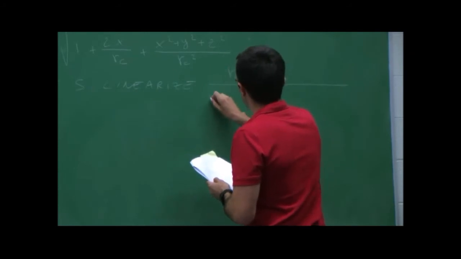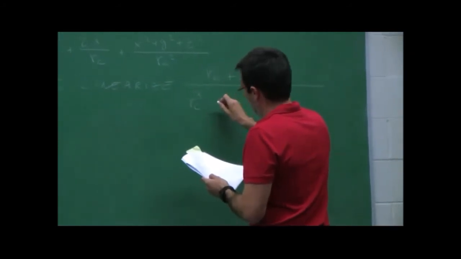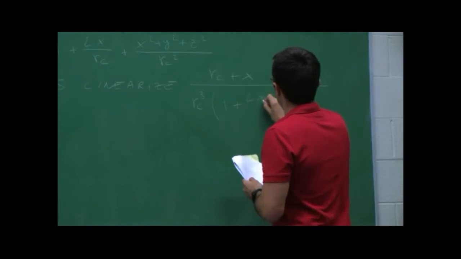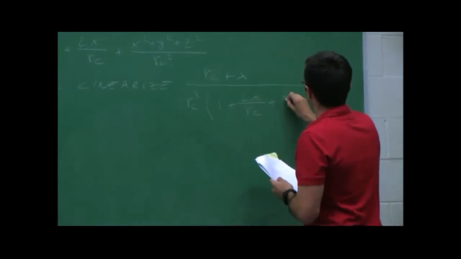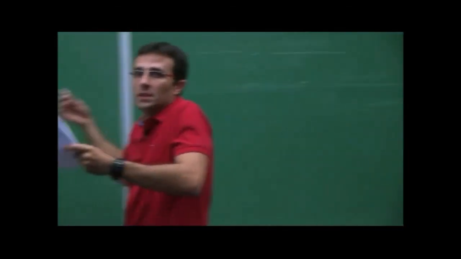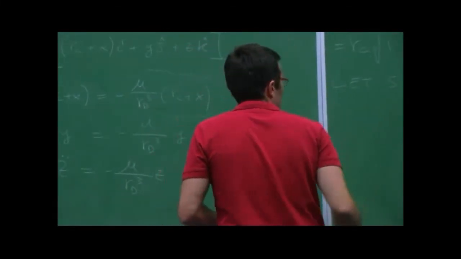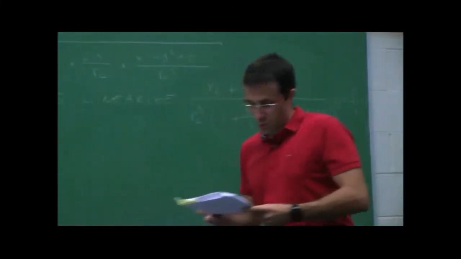So that means rc cubed multiplies 1 plus 2x over rc plus (x squared plus y squared plus z squared) over rc squared, everything to the 3 over 2. Agree? So that is my f1 of x, if you want. Remember what we said last time? You have a nonlinear system, you have f1, f2, f3, you have different nonlinear functions. So we want to linearize that. Okay.